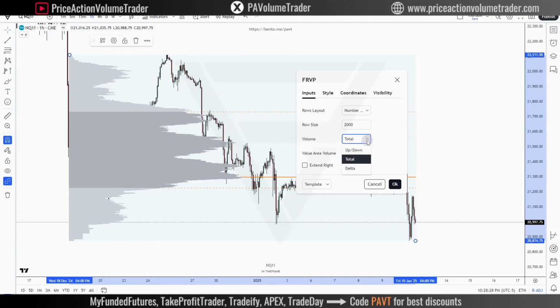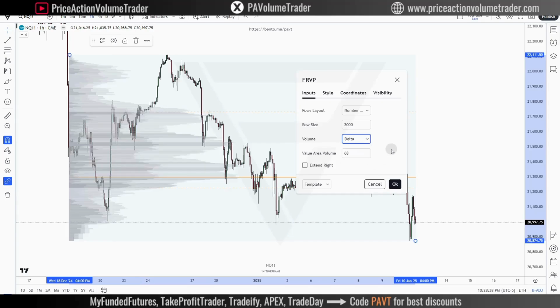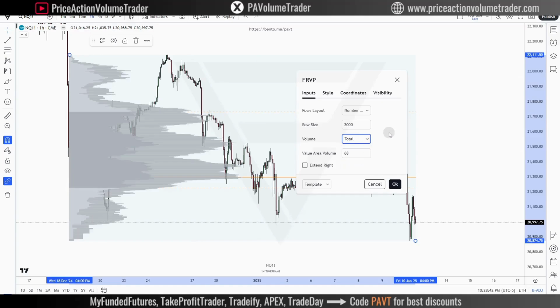Now, volume, up, down, this measures the difference between up and down, and then delta, this measures the difference between buying and selling. But honestly, especially if you're working in TradingView, there's no real tick data, so I would recommend just use total volume.